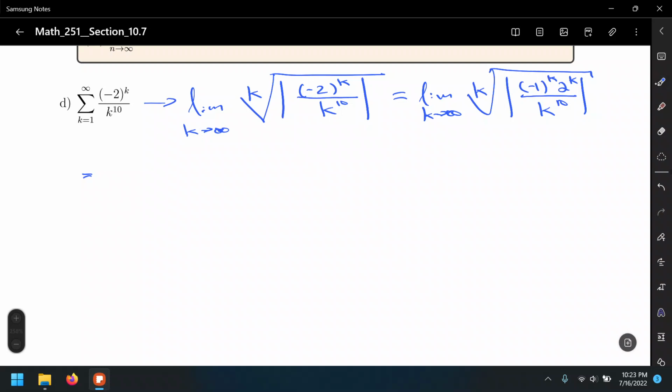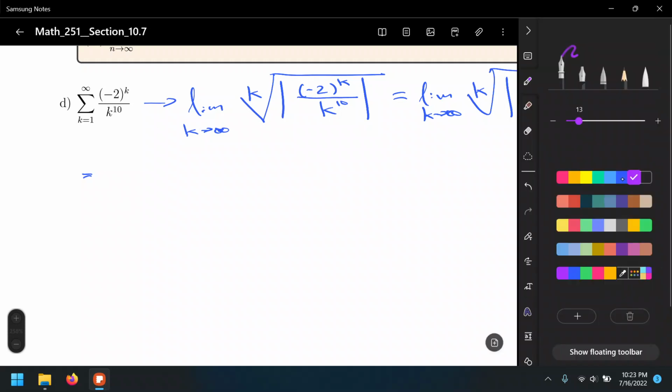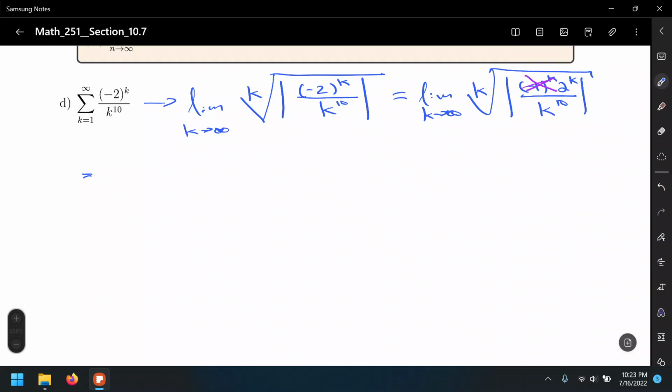Number 1, what you might want to do here is eliminate this alternating factor, so the limit as k approaches infinity of the kth root of 2 to the k over k to the 10th. Now let's use properties of radicals here.